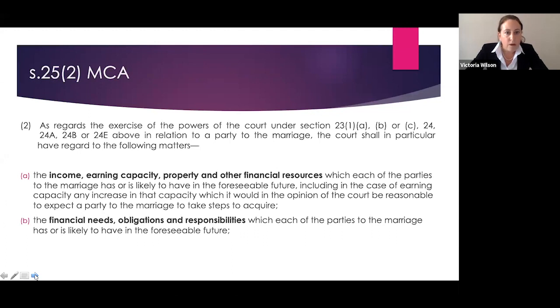If we look now at subsection 2, that's what we call the Section 25 factors. Again, I'm not going to go into them in great detail, but I've highlighted in bold the aspects that are of particular importance when you go back and look at it after this seminar. We've got income, earning capacity, property, and other financial resources. We've got financial needs, obligations, and responsibilities.